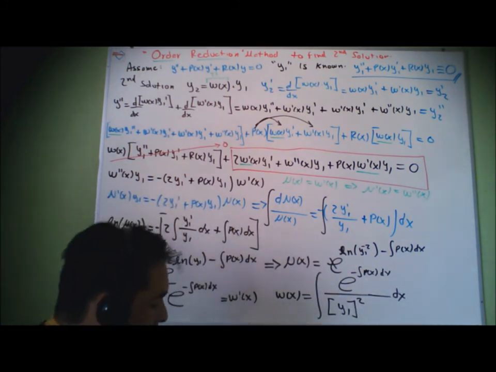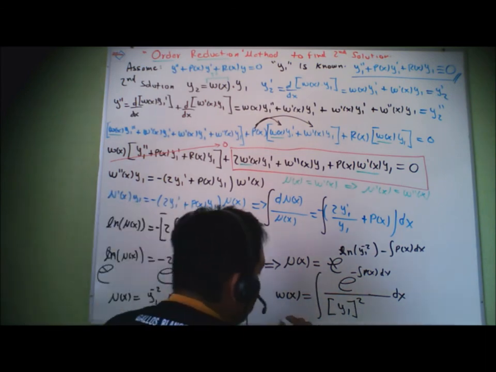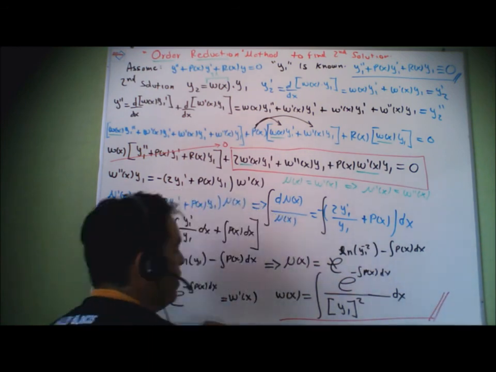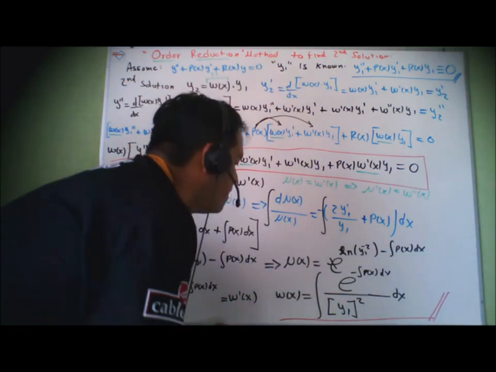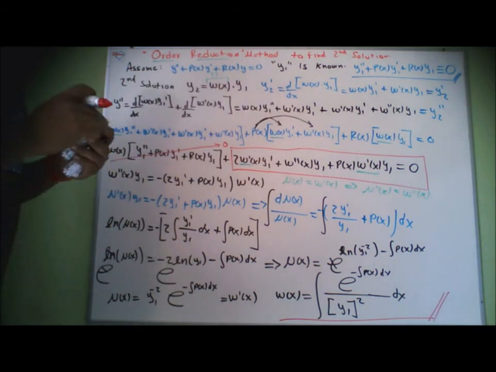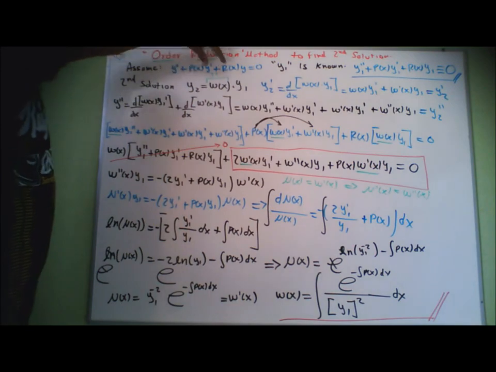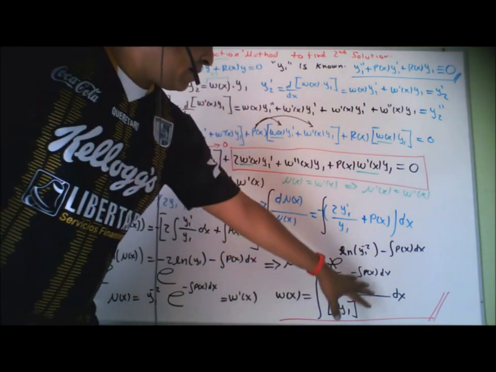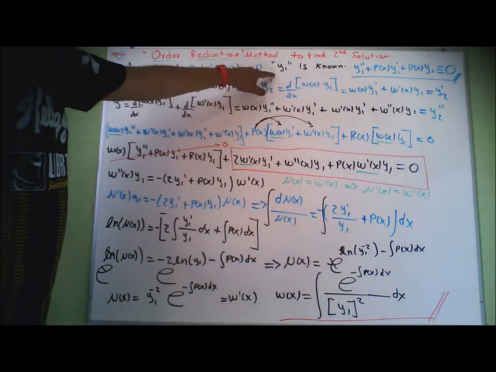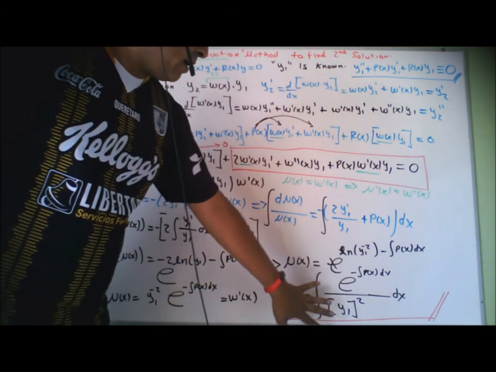Okay, engineers, so what we have found is the formula to find w of x. To find the second solution, all you have to do is apply this formula with the first solution given and p of x given, replace them here, and calculate the integrals.